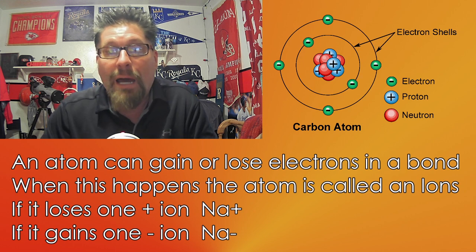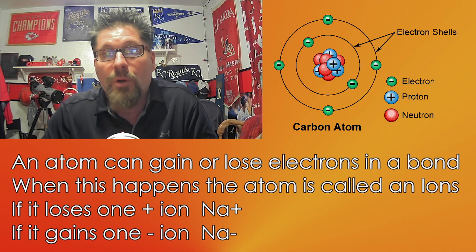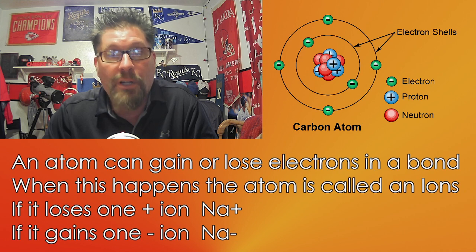So if an atom loses or gains an electron in a bond, that's called an ion. It can be a positive ion, it can be a negative ion. If it is a positive ion, it has lost an electron, and therefore has more protons than electrons, more positives than negatives.